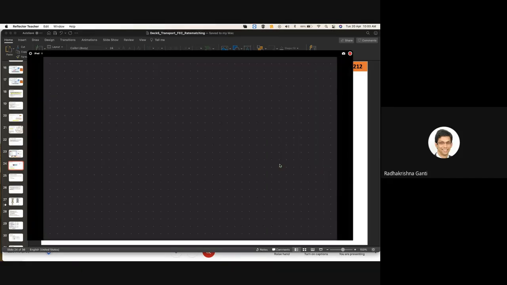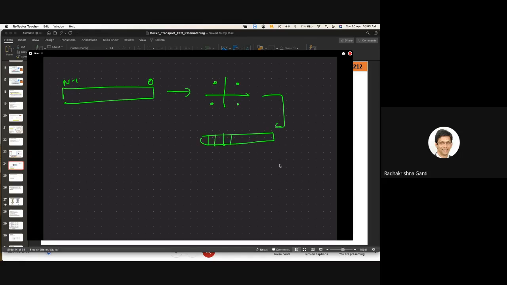Let's take a small example. We have bits from 0 to n minus 1, so n bits. You map these to constellation points, and then you put them in the resource grid. Suppose you put all of them in neighboring REs. This is the resource grid, frequency. I'm just looking at one symbol.